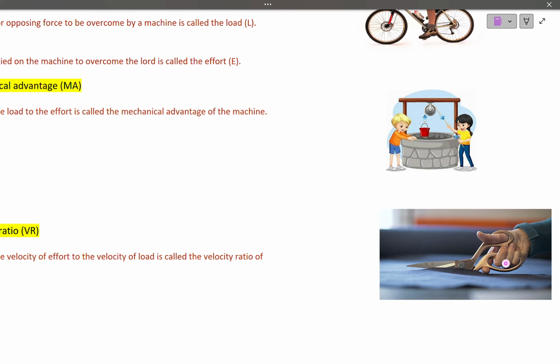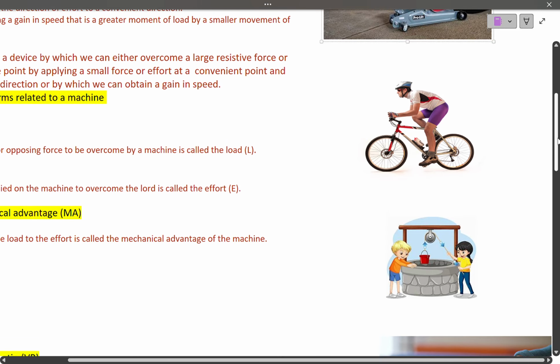It moves longer, and here we are applying small movements with our hands, or small effort, but we are able to cut the long cloth. That means its handles move a little, but the blades move longer on the cloth. Hope you understand the fourth point.